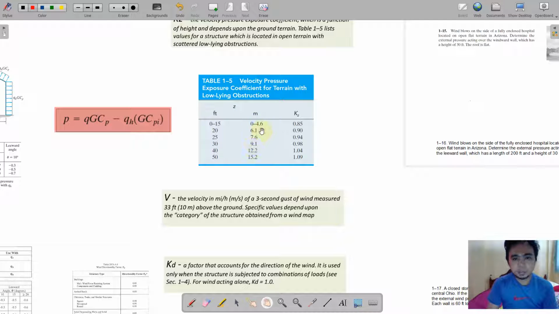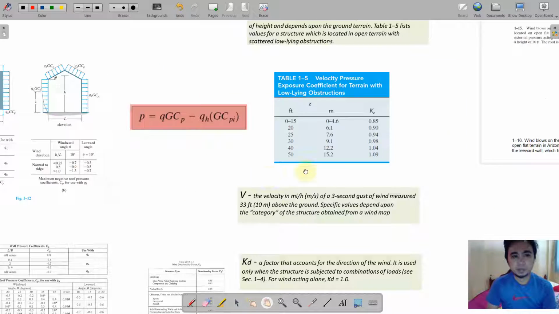As we can see, the first 15 feet, or 0 to 4.6 meters, has a KZ value of 0.85, and then onwards it will be increasing as the height increases. Okay? As we said, when the height increases, it is more vulnerable to wind exposure. So it can be found in Table 1-5. Okay?